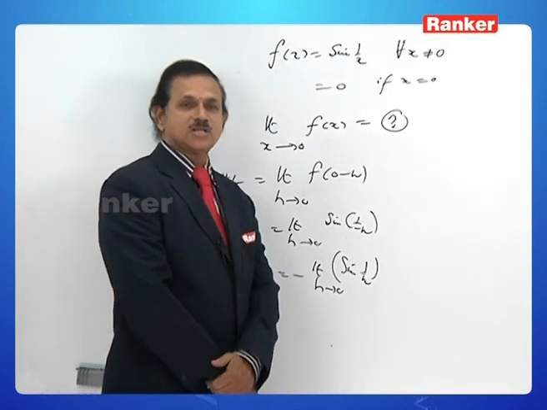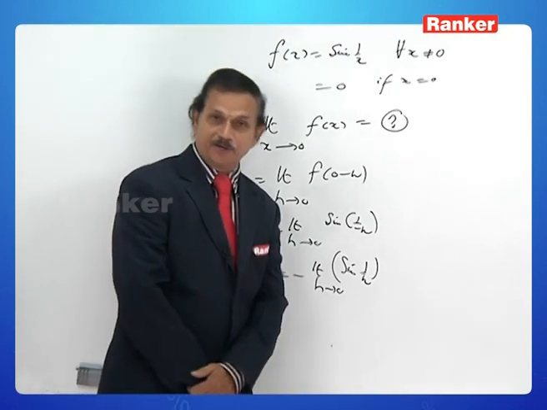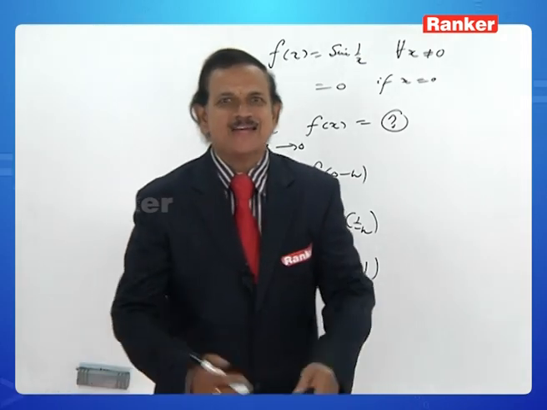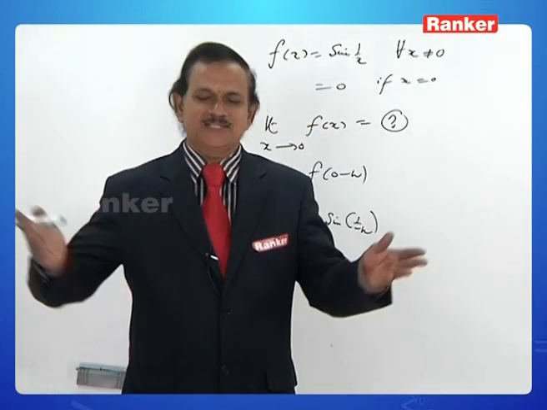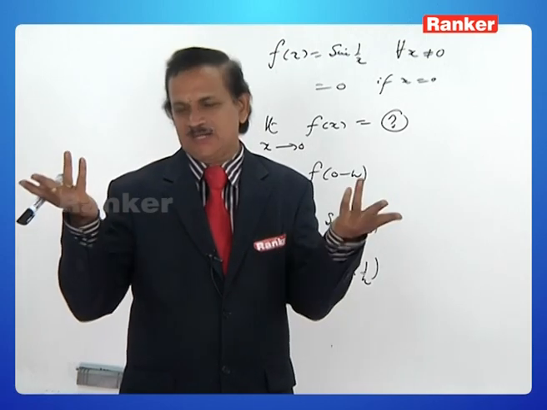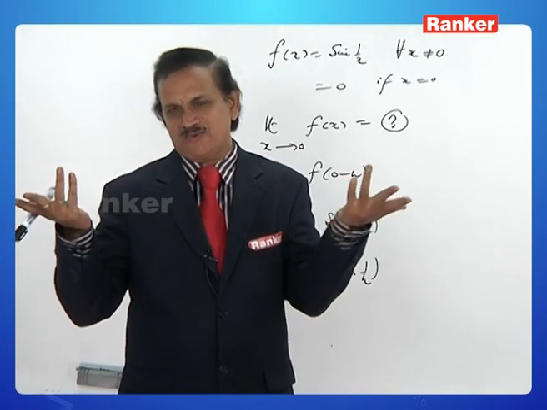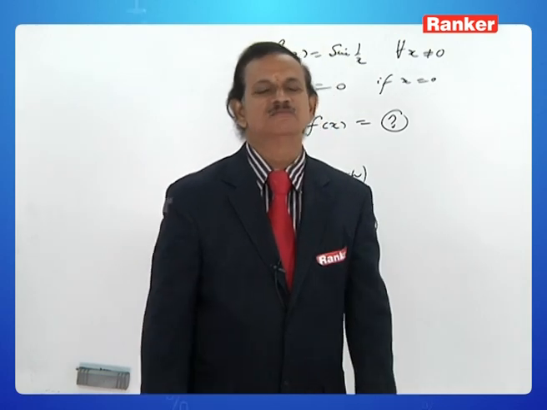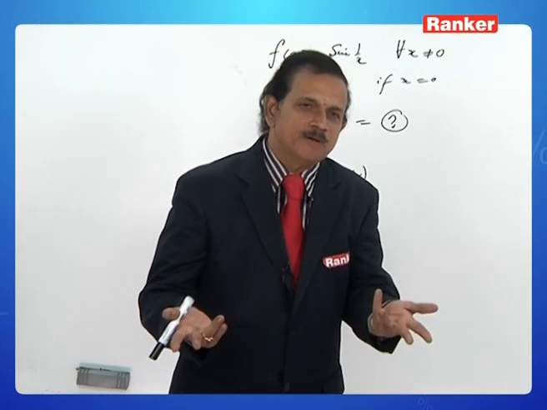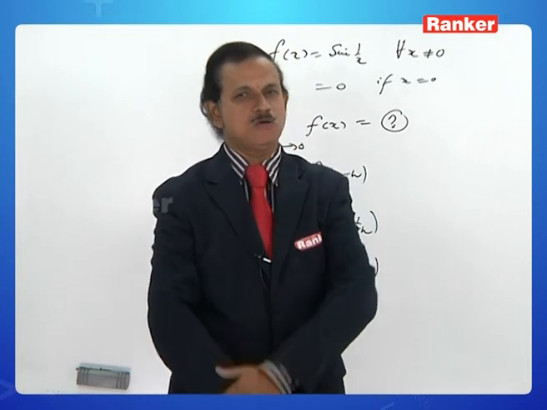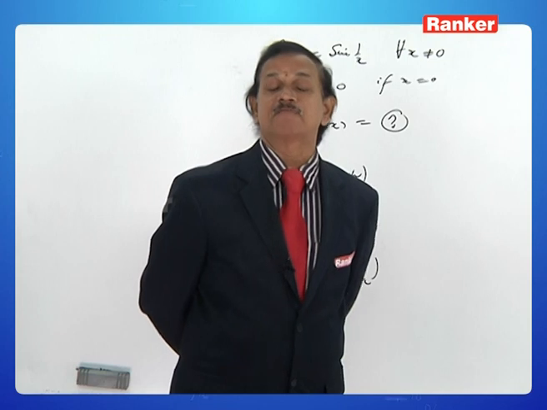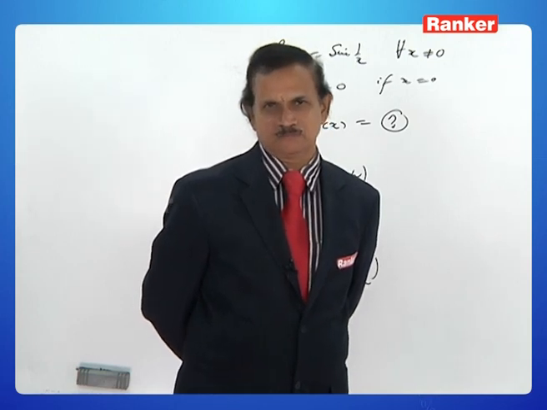We know that as h tends to 0, 1 by h tends to infinity. What do you say about sine infinity? It is not infinity, but it lies between minus 1 and 1, and nobody knows the accurate value of sine 1 by h. Some real number between minus 1 and 1 which is not known. Therefore, it does not exist. The left hand limit does not exist.